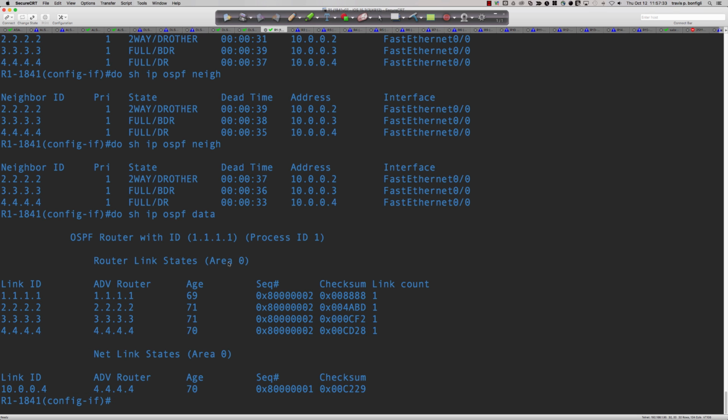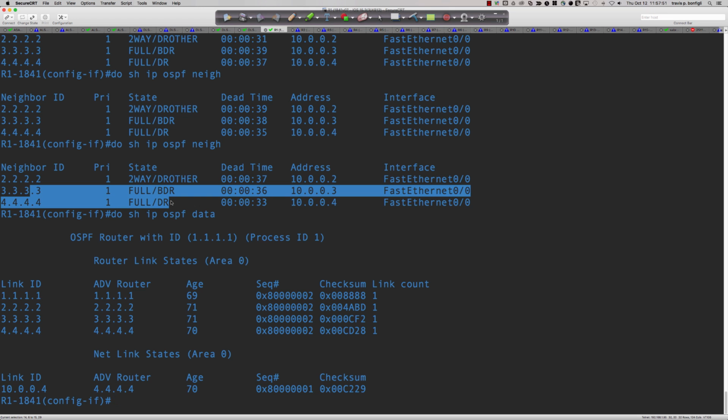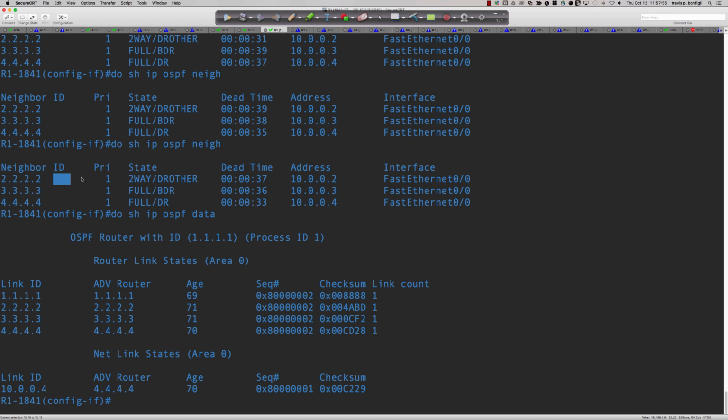So everybody becomes fully adjacent with the DR and fully adjacent with the BDR, but they do not become fully adjacent with anybody else. Router 1 is fully adjacent with routers 3 and 4 because 3 and 4 are the DR and the BDR, but it's not fully adjacent with router 2. It settles into the two-way state.